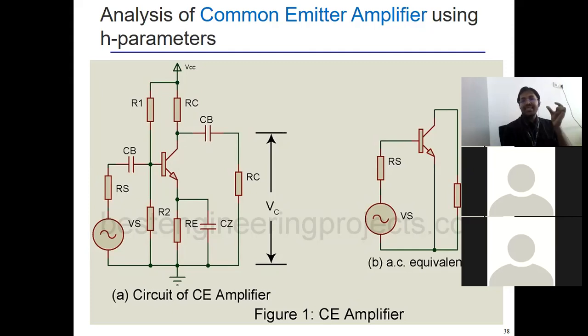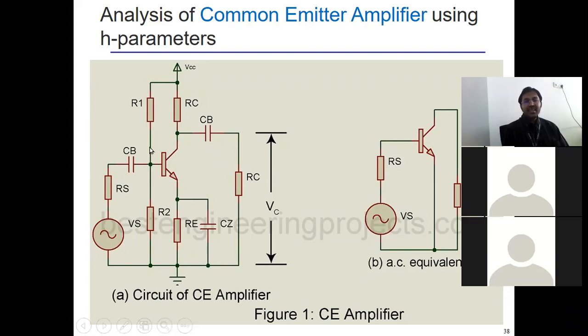When you are doing AC analysis, DC is replaced by ground. So this point is now connected to ground. And then what do you have? RS, with the capacitor short-circuited, means VS and RS are directly connected to the transistor.